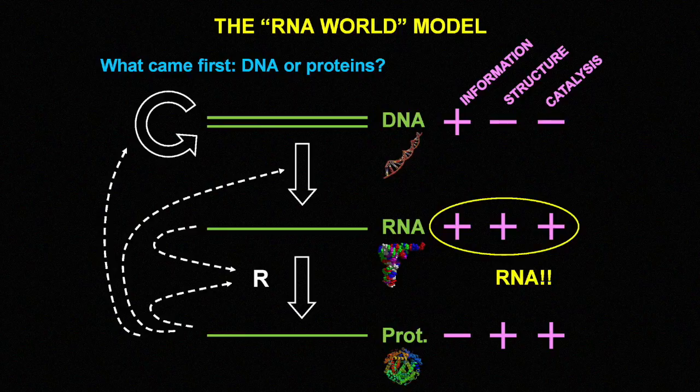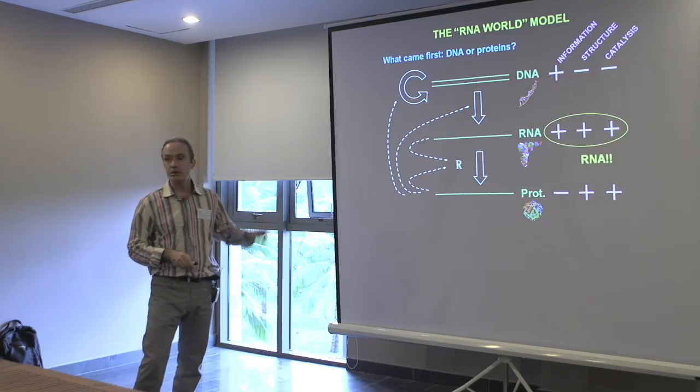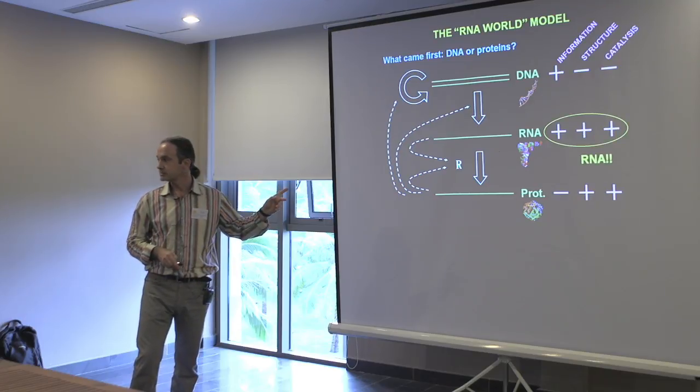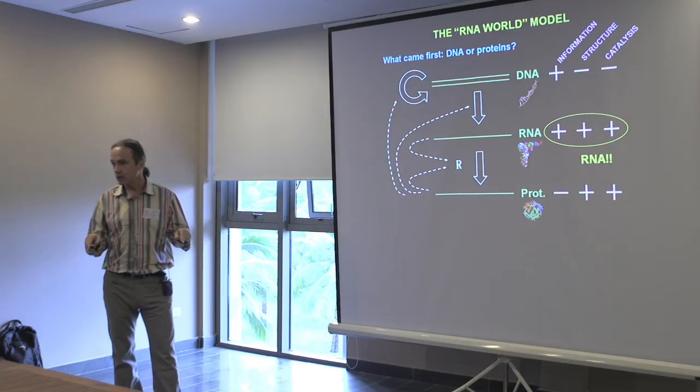The structure in all the machinery of life is done by proteins, let's say, and in some cases by RNA. For instance, a large part of the ribosome structure is formed by RNA. And what about catalysis? In most of the cases, the catalytic molecules are proteins, but ribozymes are current examples of catalytic RNA. So perhaps the answer to this conundrum is RNA. Perhaps RNA came first. And this is the basis of the RNA world model.